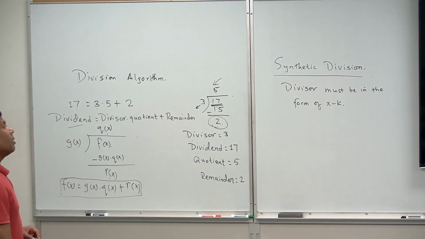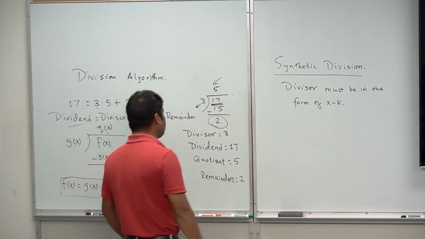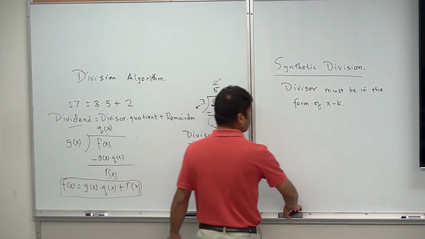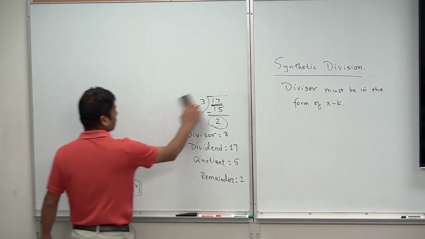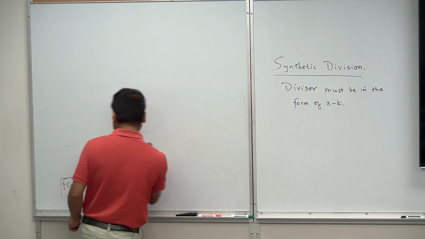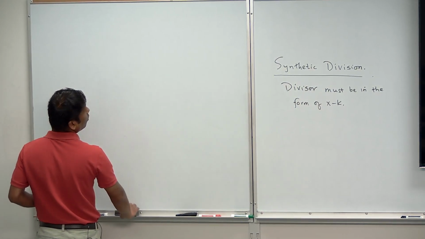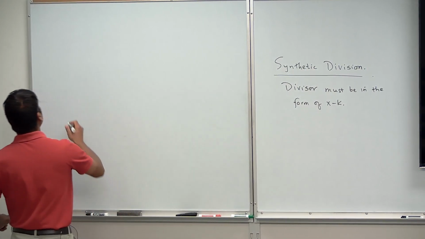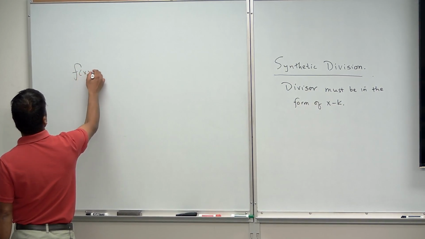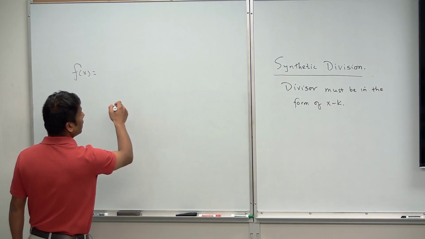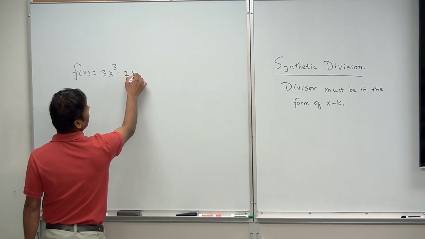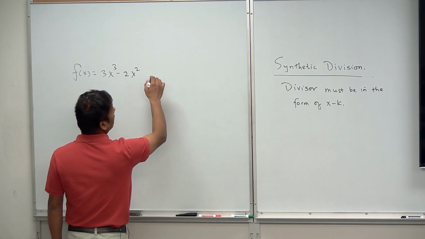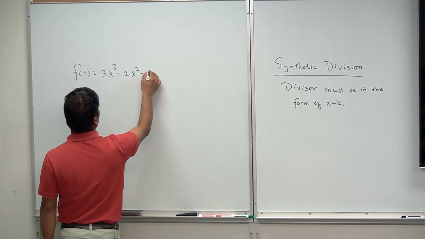Now look here, guys. Let's say you want to divide the polynomial f(x) equals 3x cubed minus 2x squared minus 150.